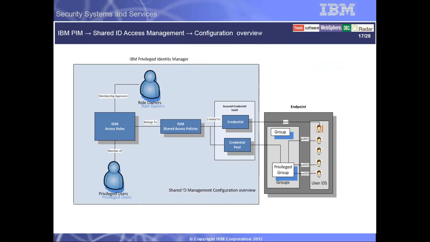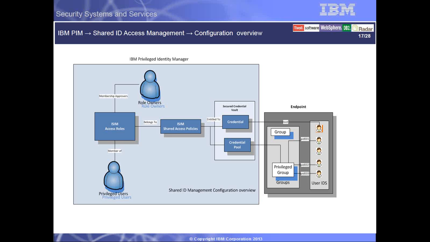Now, let's talk about the configuration overview inside Privileged Identity Manager. Most of us who have had experience with Identity Manager, the Tivoli Identity Manager, would know that the concept is a bit similar to it.